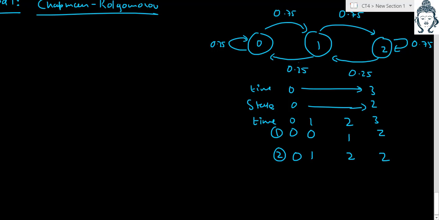You could have thought of one more, which was this: if you are in 0 at time 0 and in 2 at time 3, you could have gone 0 to 0, then to 1, then stayed in 1, and then gone to 2. But this is not possible because you cannot stay in 1.